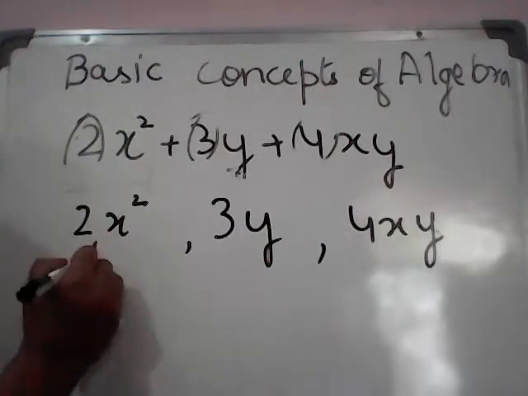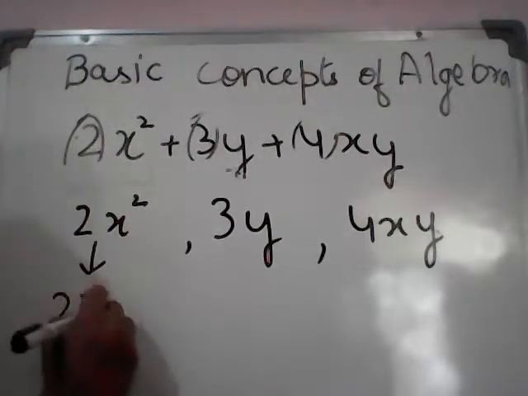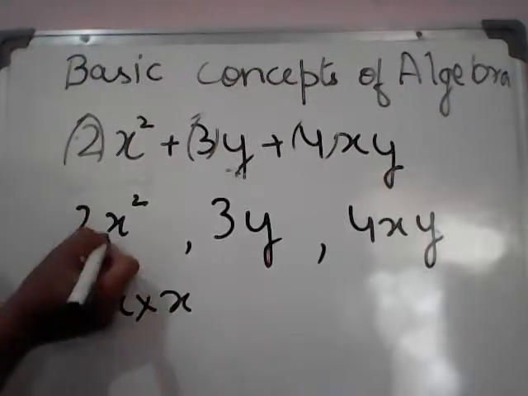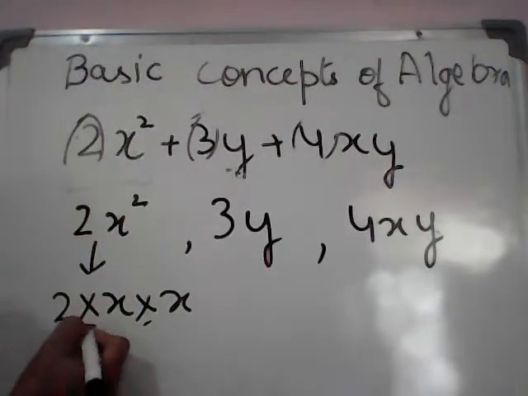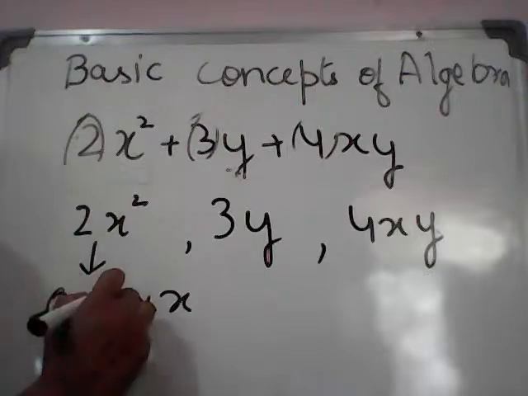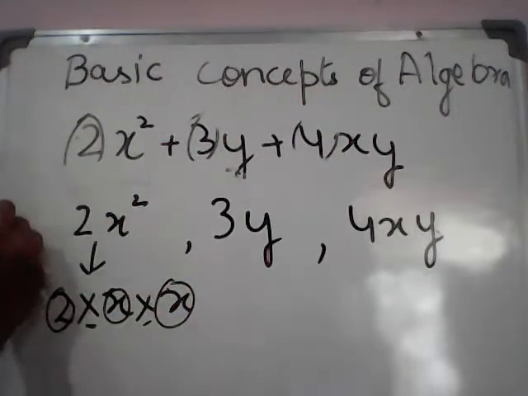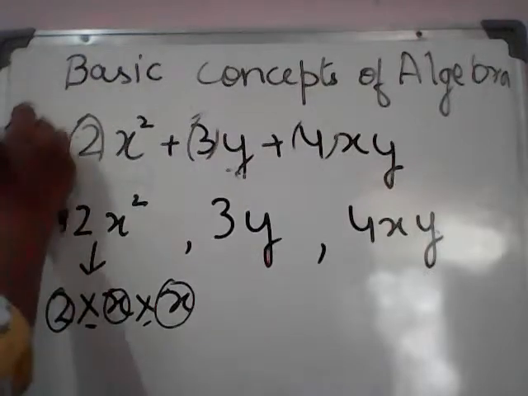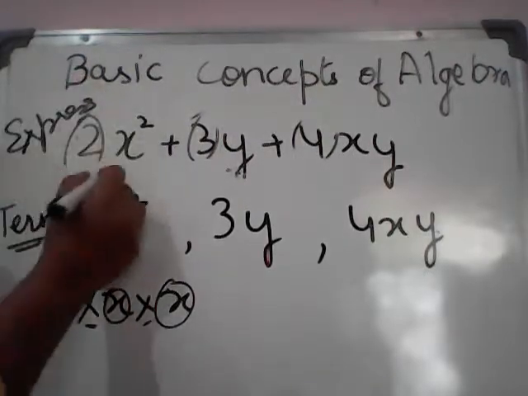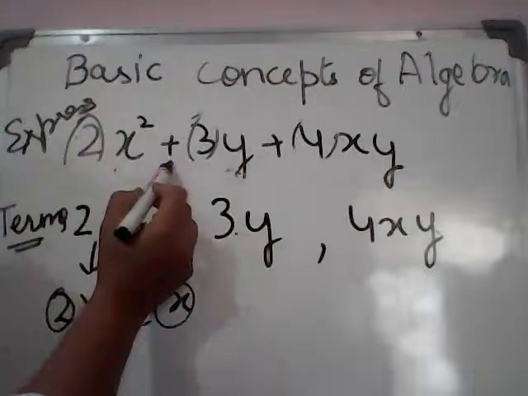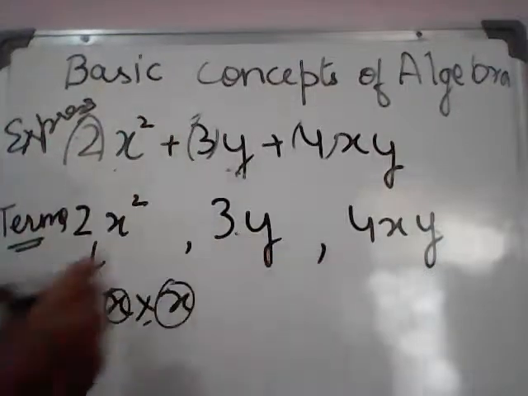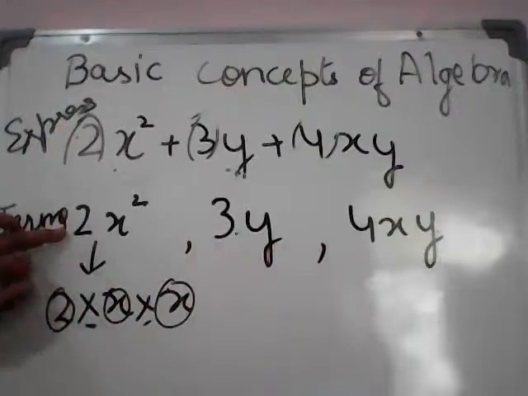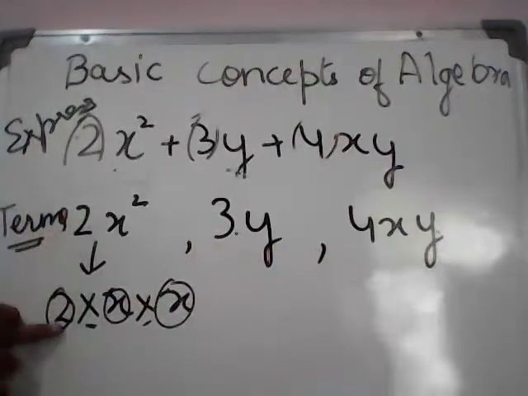Suppose if we split this term, it can be written as 2 into x into x. So we see in between this, we have multiplication signs. So these individually are called factors. This is a term, these are terms. This is an expression. An expression can be split into terms. This expression has three terms and each term is divided into factors. This 2x square has three factors: 2, x and x.